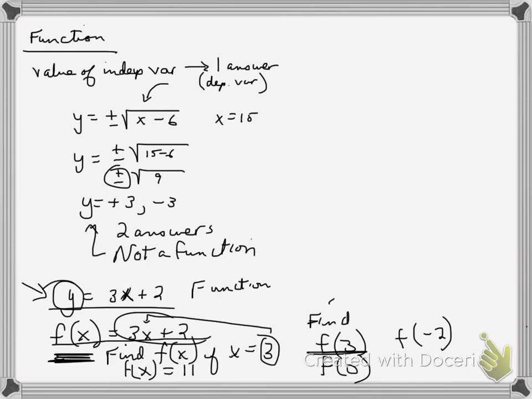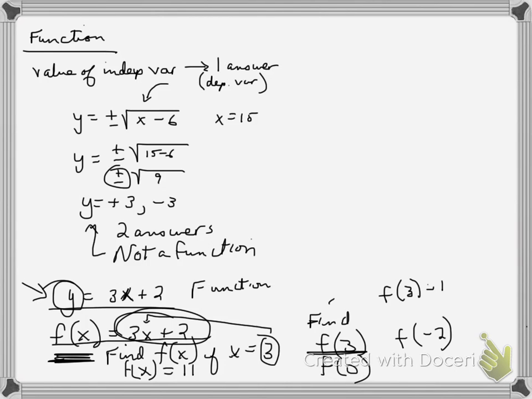We'd go back to our equation here, plug in 3, and we'd say f of 3 equals 11. For the next one, f of 0, I would plug a 0 into this same equation, and f of 0 equals 2. And finally, f of negative 2, I plug the negative 2 in, so I get negative 6 plus 2, or negative 4.